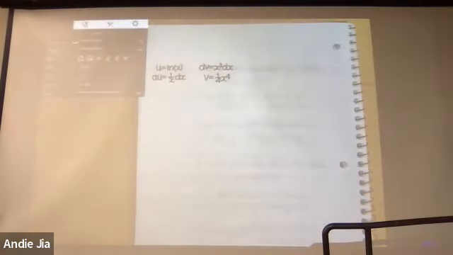And integration by parts is uv minus the integral of v du.